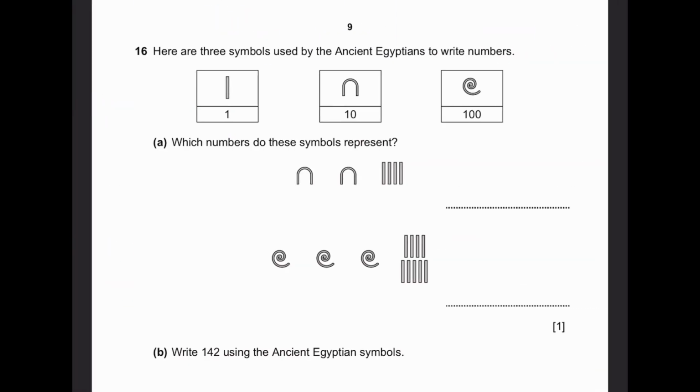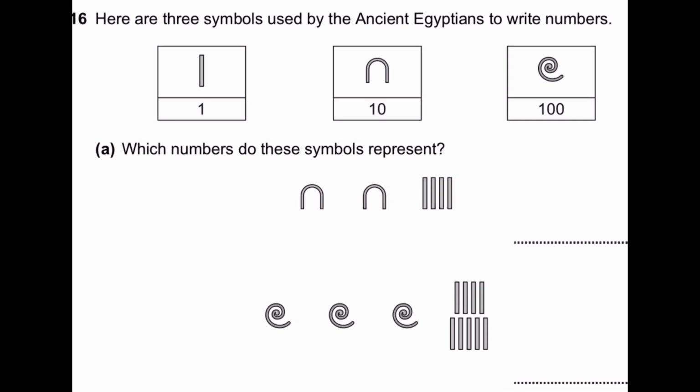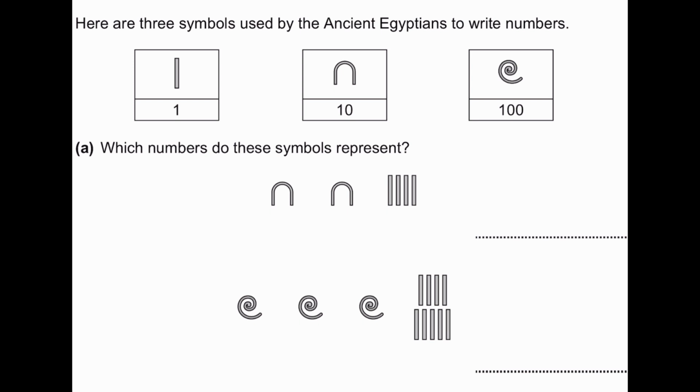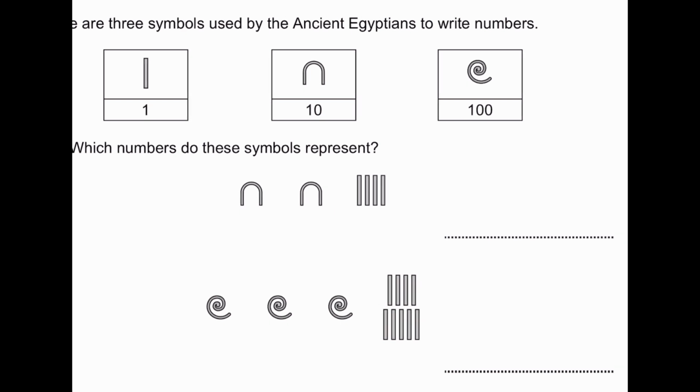Question 16. Here are the 3 symbols used by ancient Egyptians to write numbers. A. Which of these numbers do these symbols represent? So the rectangles are 1, the horseshoe U-shaped ones are 10, and the swirly ones are 100.